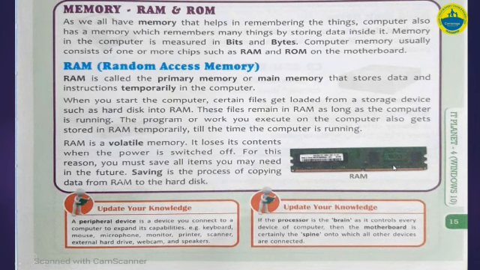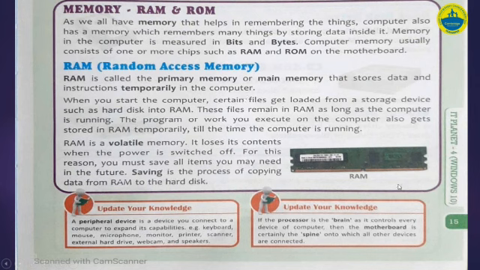Now what is RAM? First, you need to learn the full form of RAM, that is random access memory. RAM is also called the primary memory and the main memory. It stores data and instructions temporarily in the computer.